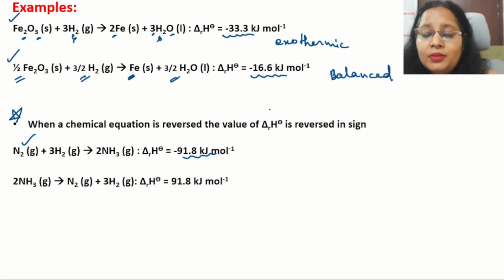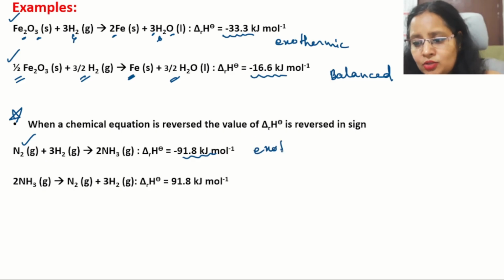From this equation, we can see the first equation is exothermic because delta RH is negative. But when the same reaction is reversed, what happens then? The delta RH value will be the same, but it will now be positive. It means it is now an endothermic reaction. Can you see clearly?